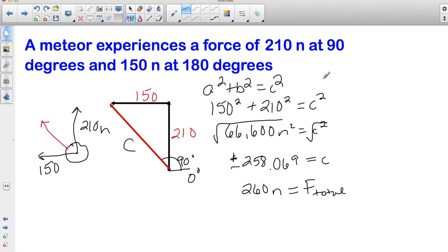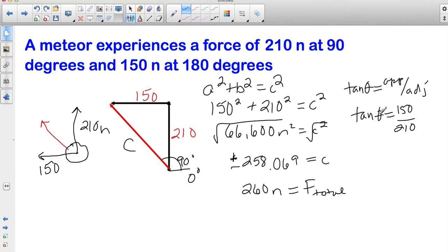To do that, I'm going to use the tangent function. Tangent of theta is equal to the opposite over the adjacent. Sorry about the messy handwriting, but tangent theta is equal to 150 divided by 210.